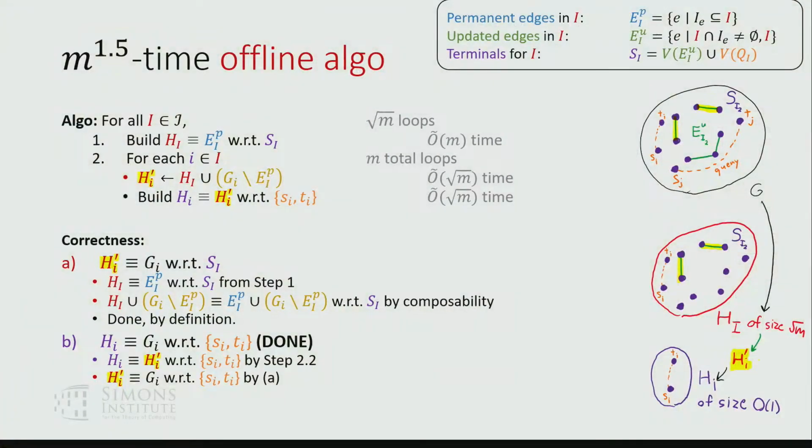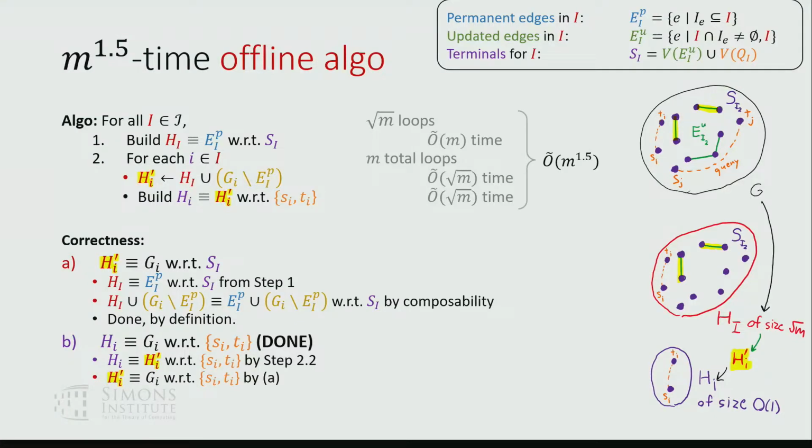So let's analyze the time, right? Well, there are root m many loops here. This step takes linear time. So this total time is like m root m. About this one, the total loop that you go through is m, but each of the steps here takes root m time.